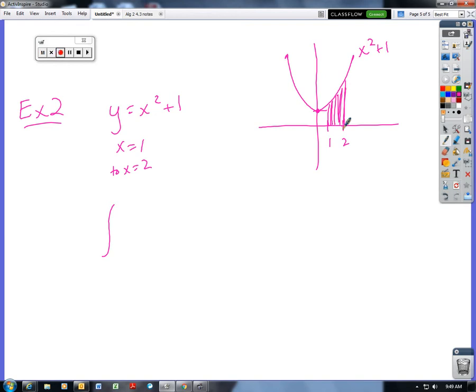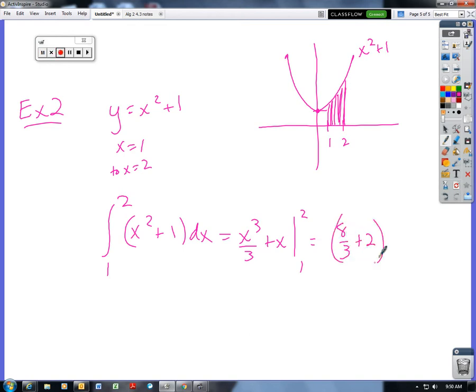Sure enough, it's positive, so we can just go from 1 to 2 of x squared plus 1 dx. Integrate, that's x cubed over 3 plus x from 1 to 2. 2 cubed over 3 plus 2, minus, plugging 1 in, so put those parentheses, 1/3 plus 1.